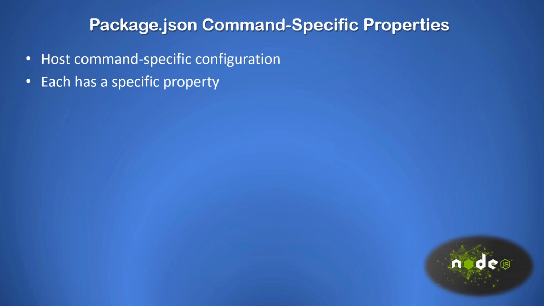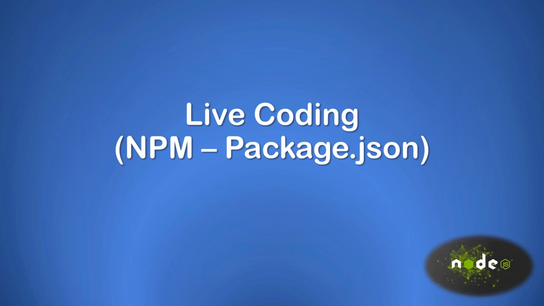Both are command specific, and you can find how to use them in the respective command or project documentation. Let me walk you through this package.json: what fields are available, what the file structure is, and how each property looks in package.json.